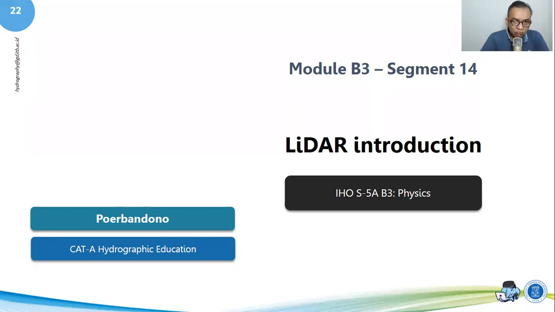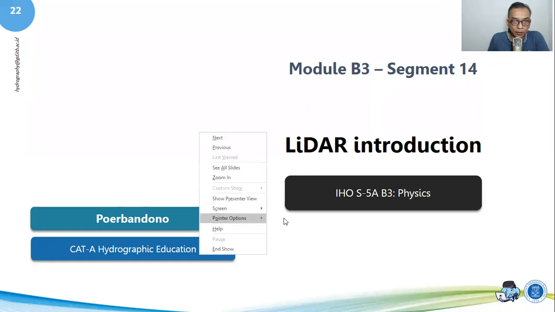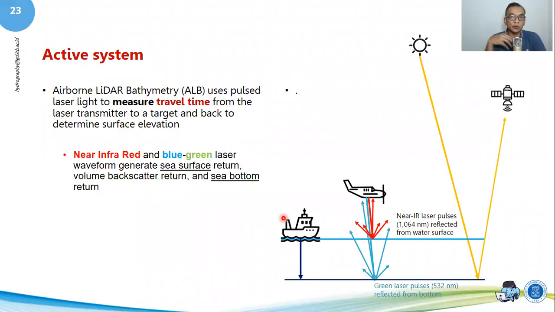This LiDAR system is getting widely applied to complement hydrographic survey, particularly in difficult areas. But we might also be aware that this system is subject to economies of scale because of the cost of the investment. And it is different from the acoustic system and satellite derived bathymetry, which we have discussed earlier in the previous segment.